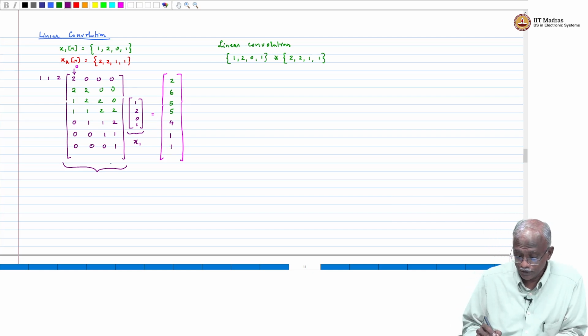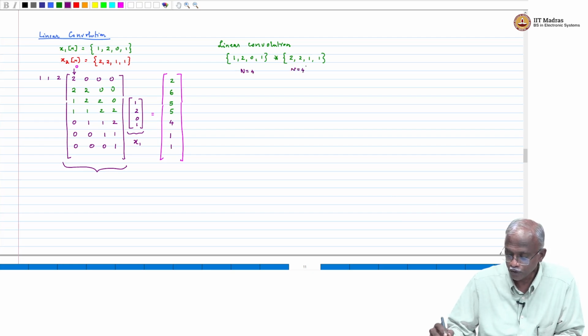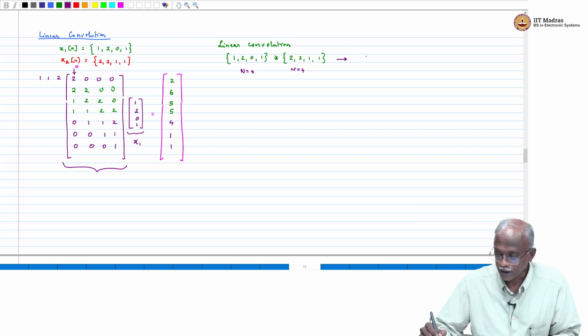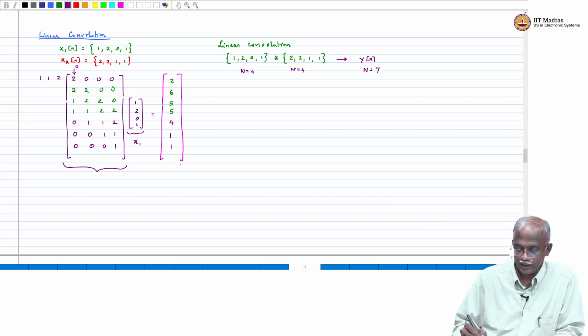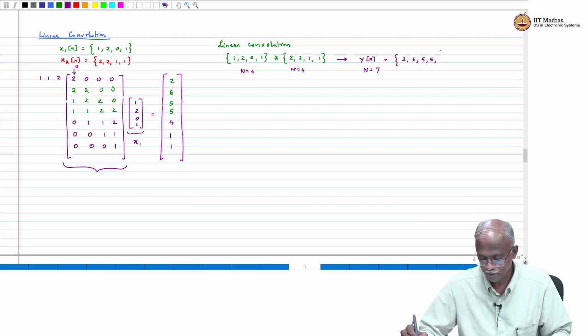So notice that we convolved sequences of length N equal to 4. The output, if we call it y of n, has length 7. You can calculate and see that there are 7 samples, and this is equal to 2, 6, 5, 5, 4, 1, 1.